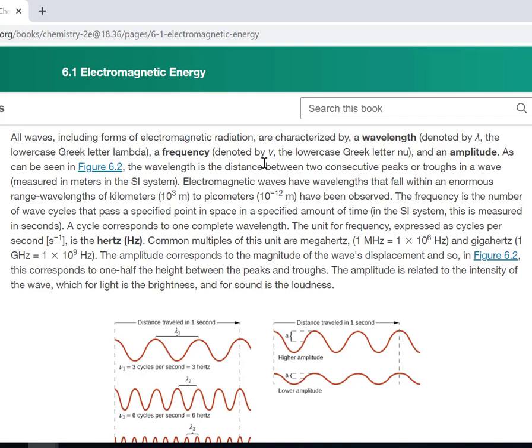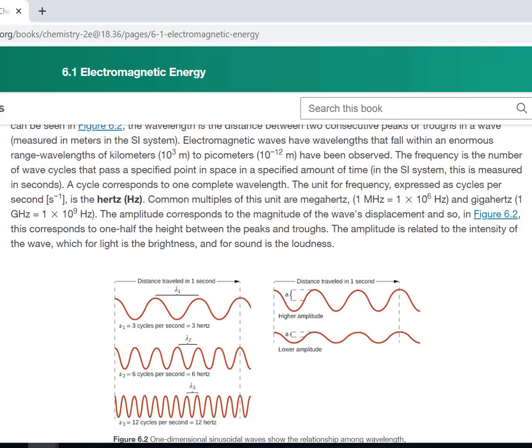So looking at these examples down here, we go from one peak to the next. So that's one wavelength. That's another wavelength. That's 3 wavelengths. So it went 3 wavelengths in the period of 1 second. So we would say it has a frequency of 3 hertz.